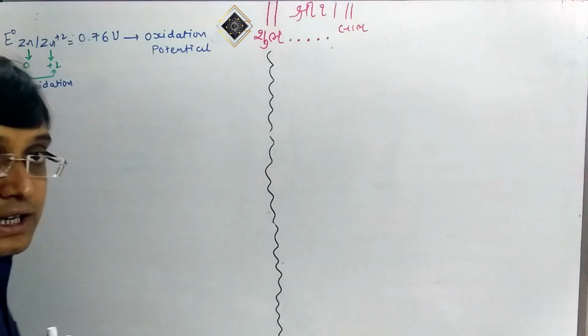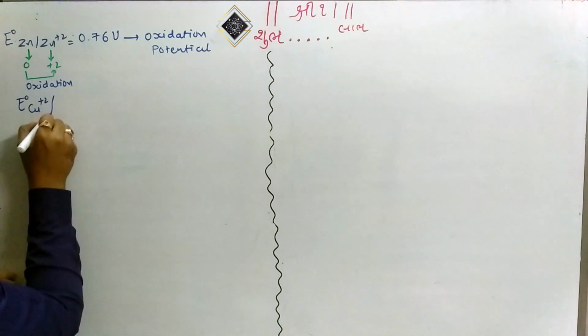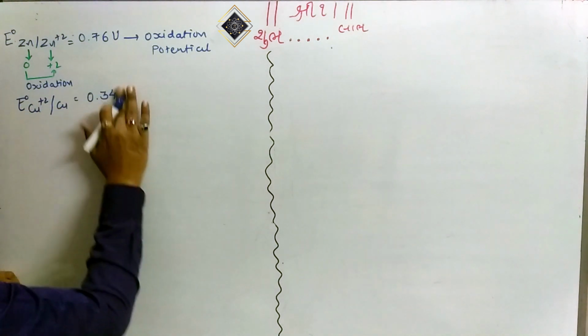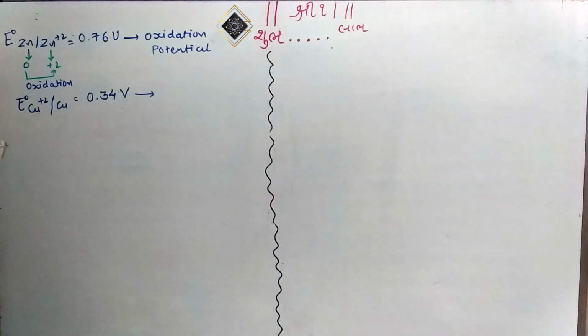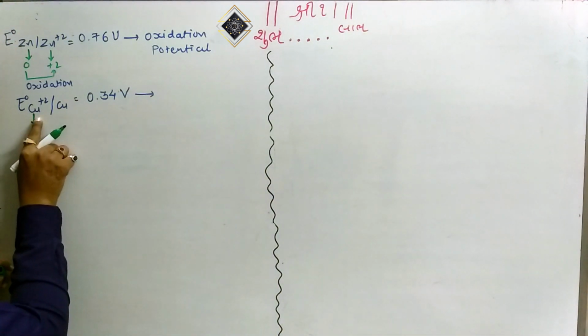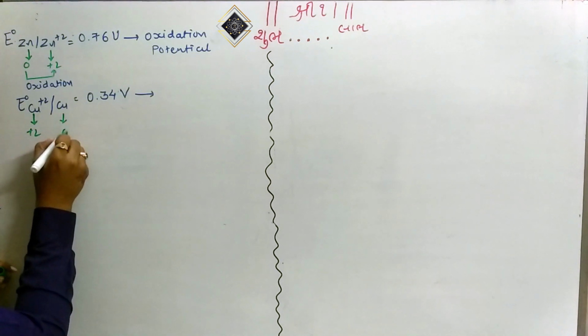Second example: we have E0 Cu²⁺/Cu is 0.34 volt. Identify whether the given potential is oxidation or reduction. How can we identify this one? The oxidation number of Cu²⁺ in this case is +2 and here the Cu is 0.